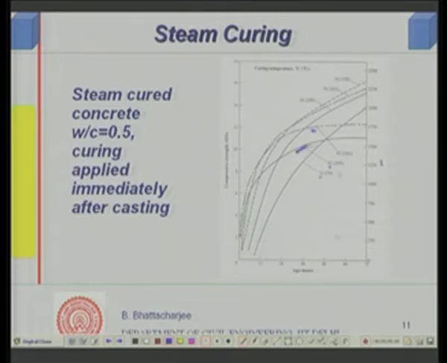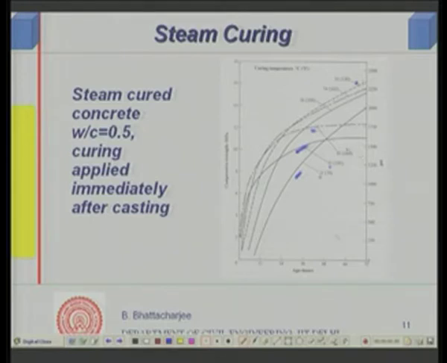Corresponding temperatures are shown here, and this is at 21. So, the strength goes on increasing, and this is age 72 hours. So, it is the 3 day strength we are looking at, and this is at 54 degree centigrade, etcetera.